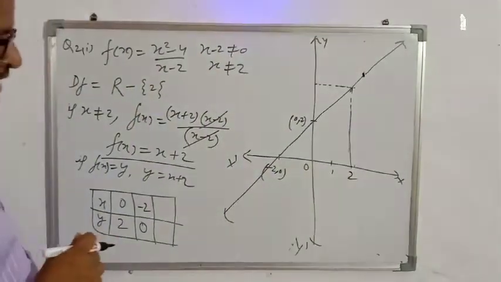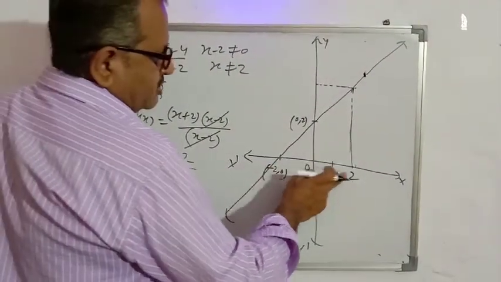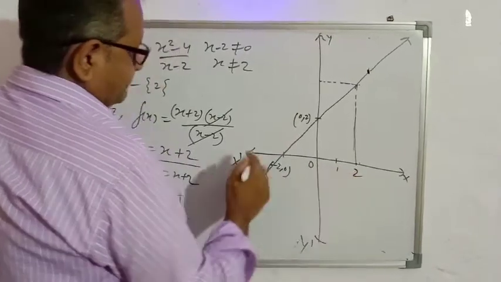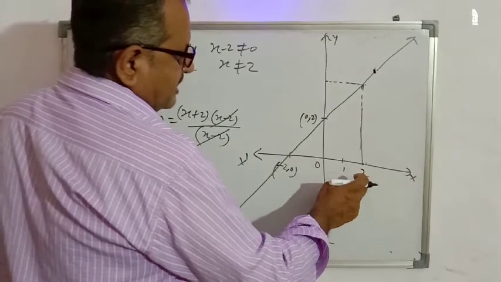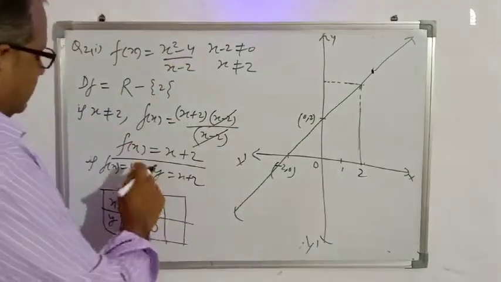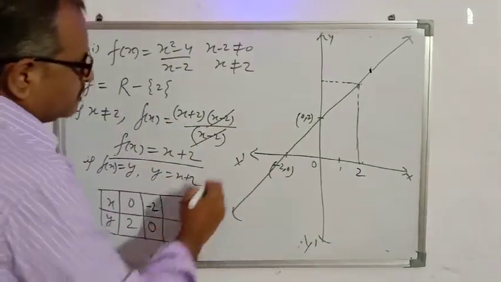If x approaches 2 from the left side, what will be the value of f(x)? f(x) is x plus 2.